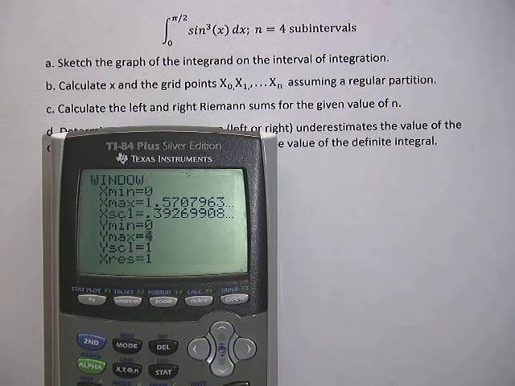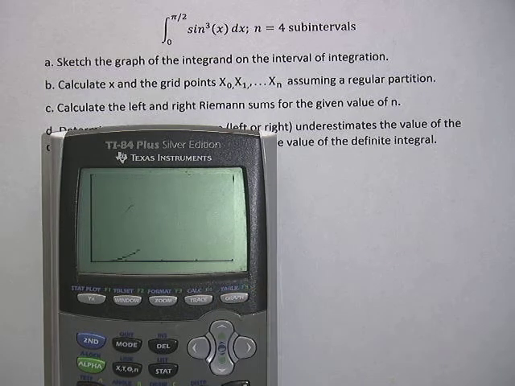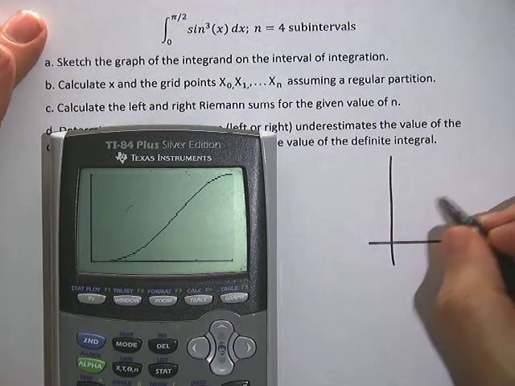Going to go from 0 to 1 on this. You can do trial and error till you figure that out, but that gives us our best graph to look at. Okay, so we can see it's a continuously increasing function on that interval. We can sketch that if you want.